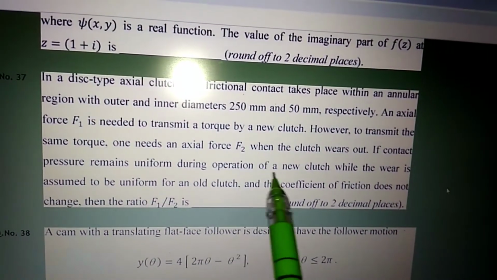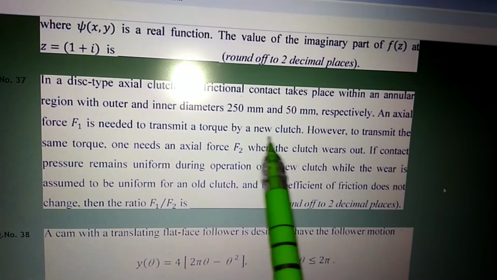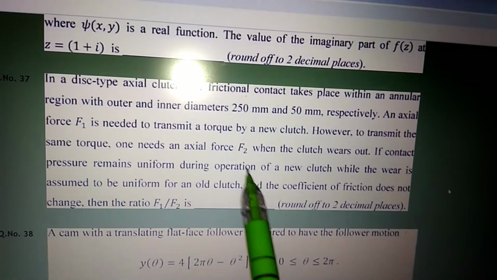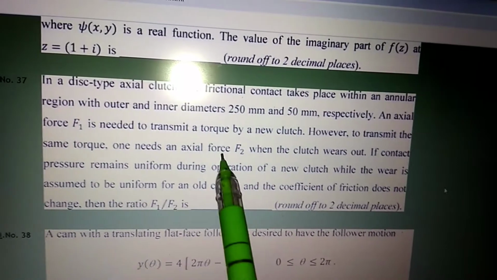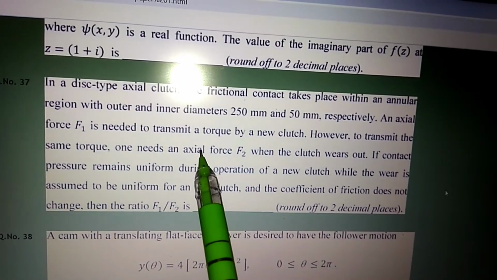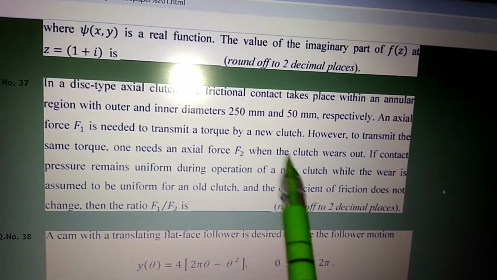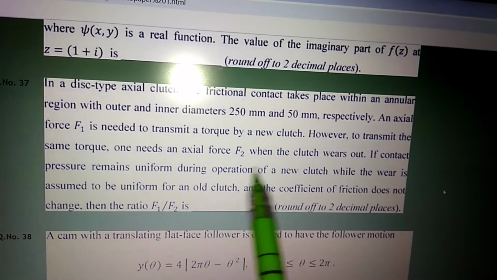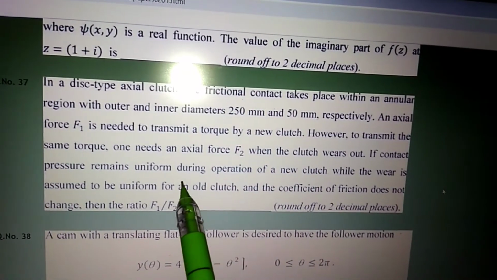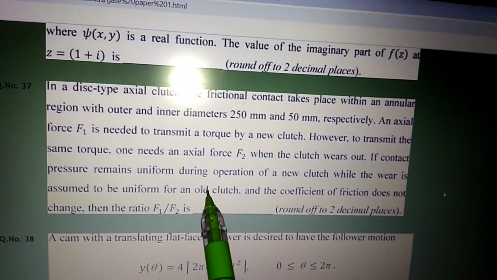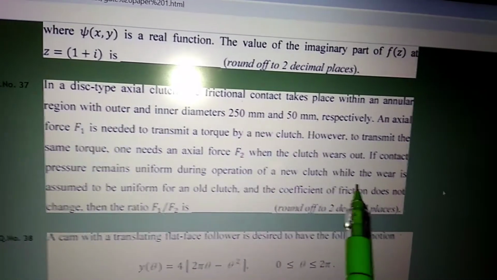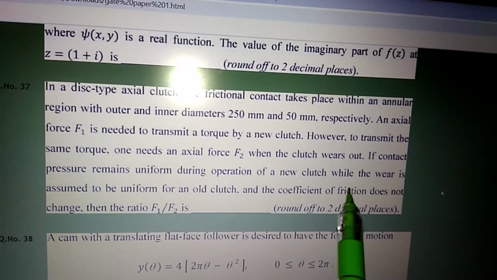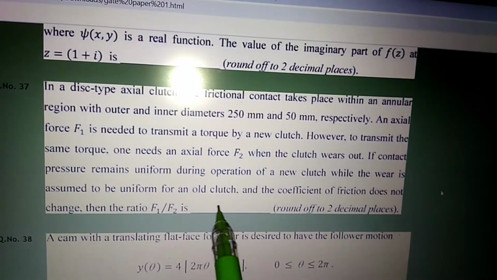We are given that the coefficient of friction does not change and the transmitting torque is the same, and in new clutches contact pressure remains uniform, and in old clutches the wear is assumed to be uniform.